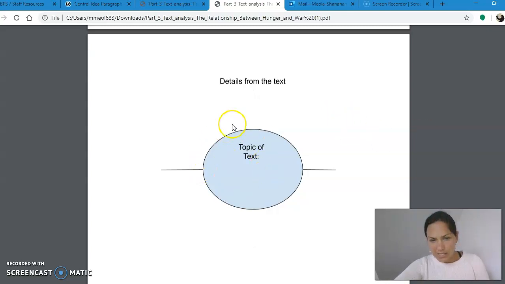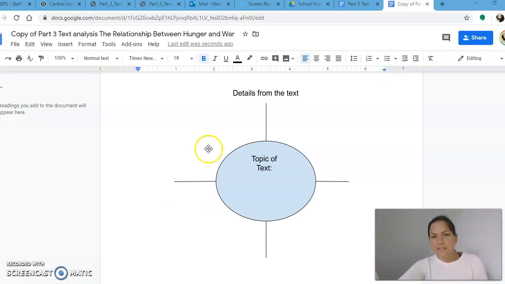So if you recall, this is the graphic organizer that we use for identifying a central idea. The central idea of a text is the topic of the text plus what the author is saying about that topic. So let's write in here the topic of the text.